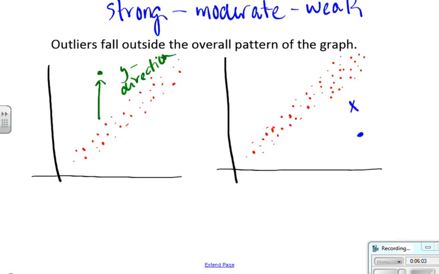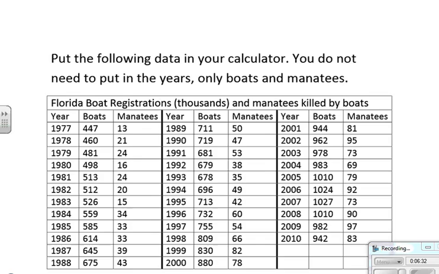So this is an x direction outlier. Too far that way. All right, so if there's an outlier, you should make note of that, but that's all you have to do with it at this point in the game.